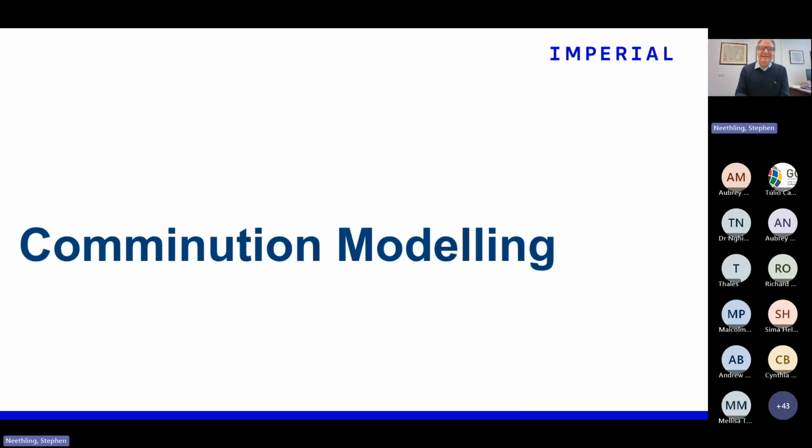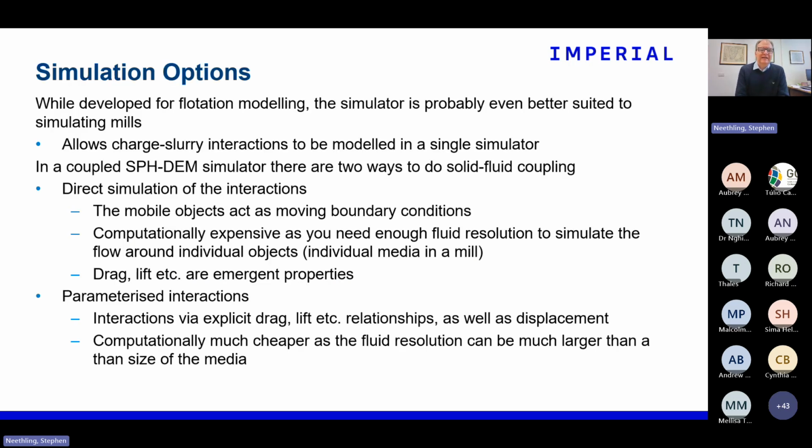So, as I said, that is where my modeling all started. It was all starting in looking at flotation. But the modeling I have done is a relatively generic SPH-DEM coupled code. So I wrote it so that I could do flotation, but it is generally applicable.